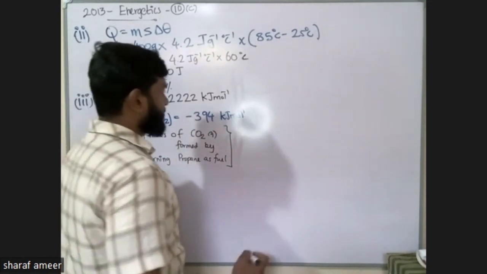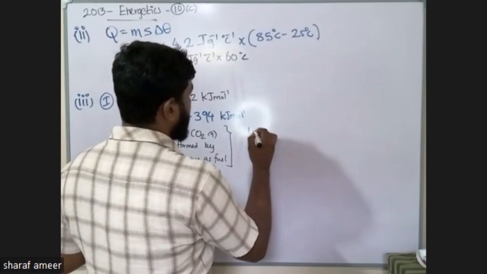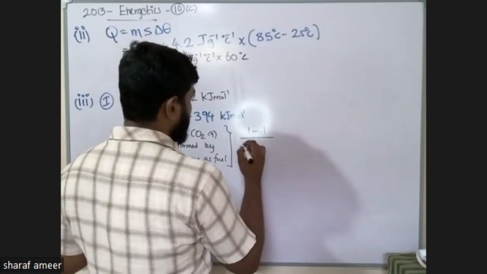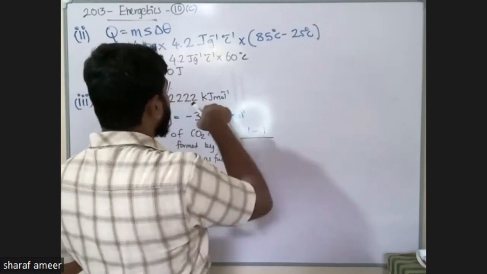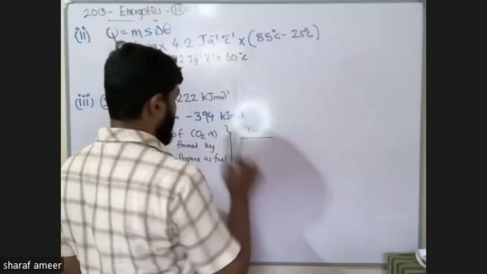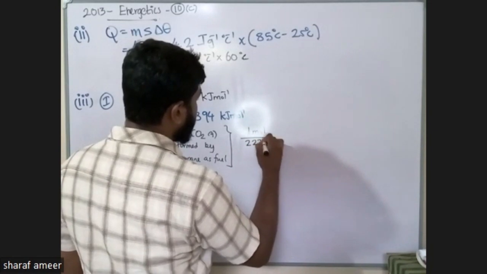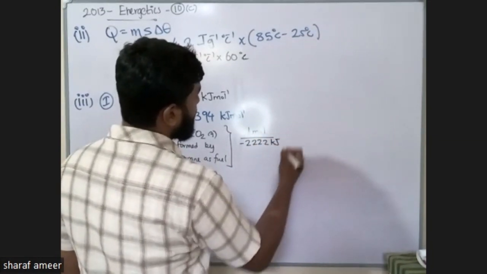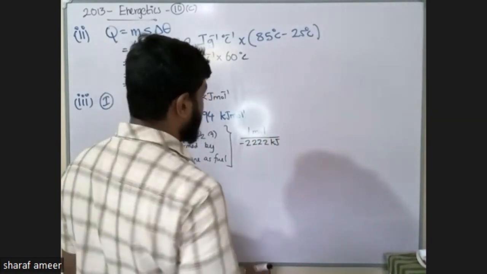So, for 1 mole of propane, the combustion enthalpy is minus 2222 kilojoule, which is released when burning the propane here.